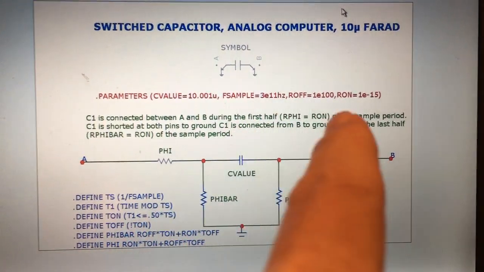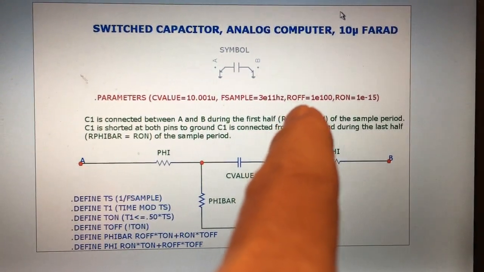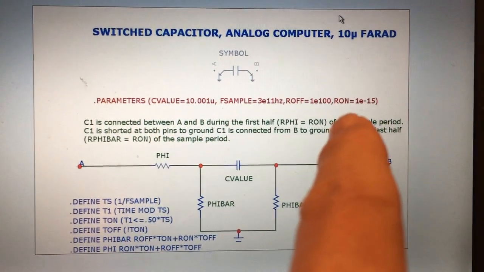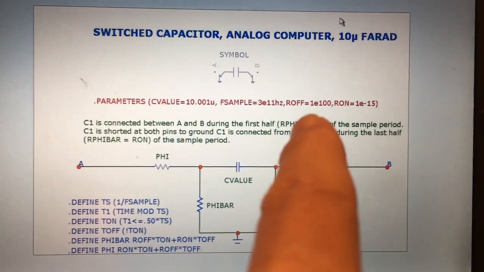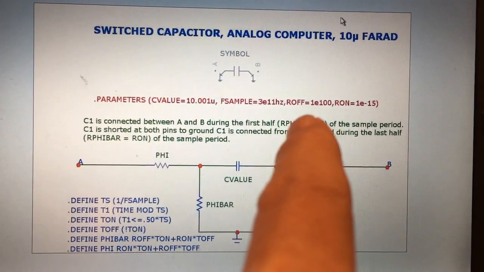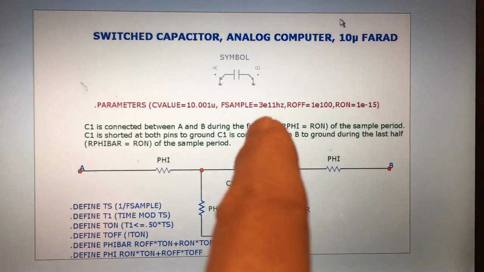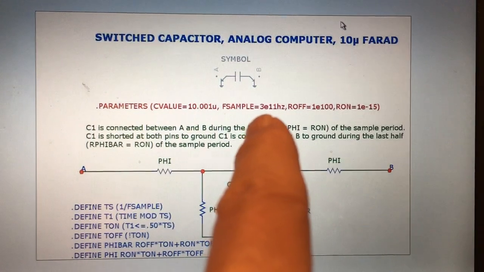And their values are the resistance for off and the resistance for on. So I have 1e-15 for the on resistance and 1e100 for the off position. That's not standard. The sample time is also not standard. It's 3e11 hertz, or 300 gigahertz.